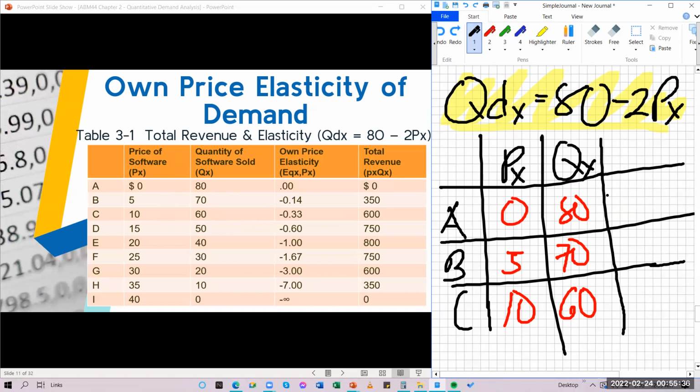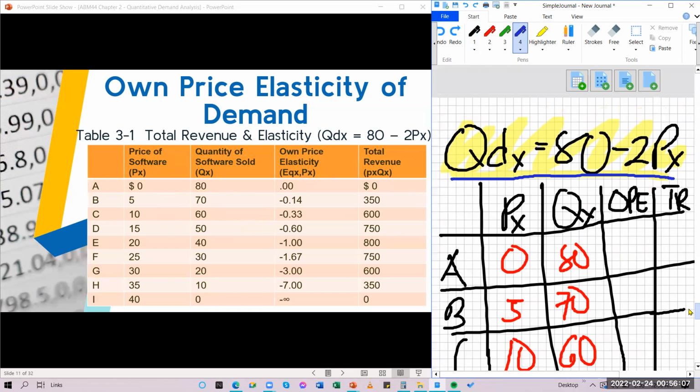So let's move on to the own price elasticity. So we will be using this formula. I'll just put OPE, own price elasticity. The last one would be the total revenue. So we'll have this one, own price elasticity. So we will be solving it. As to what we did earlier, we also solved it using the same simple formula.